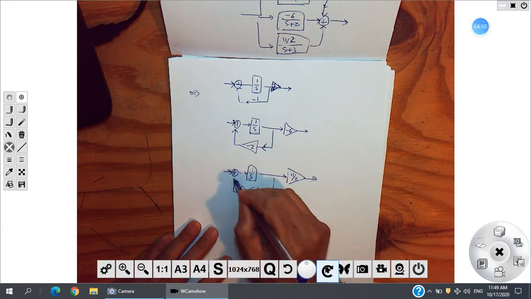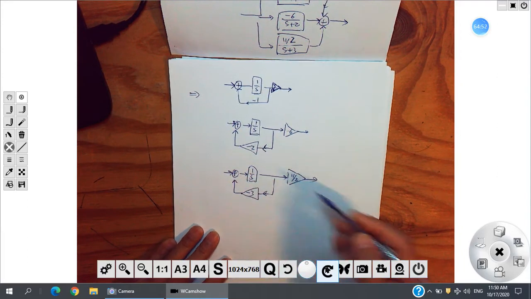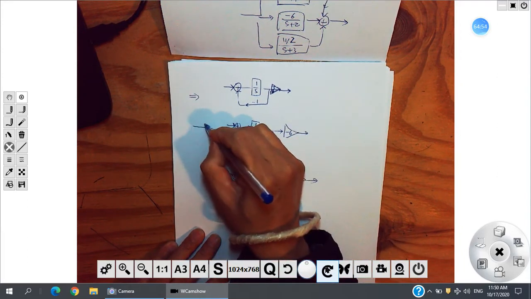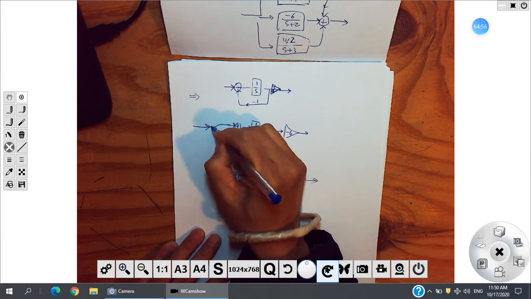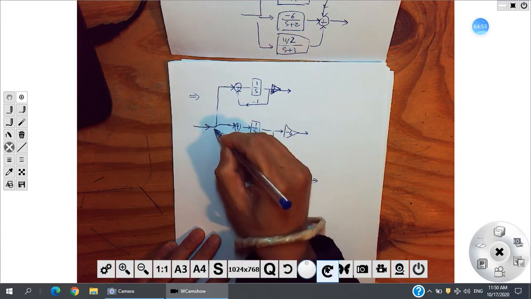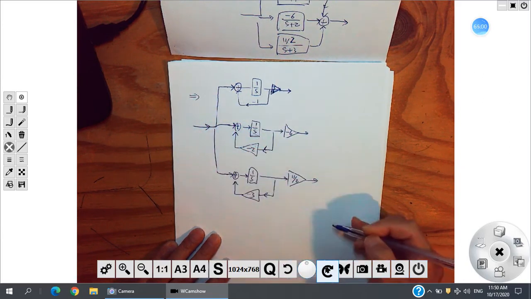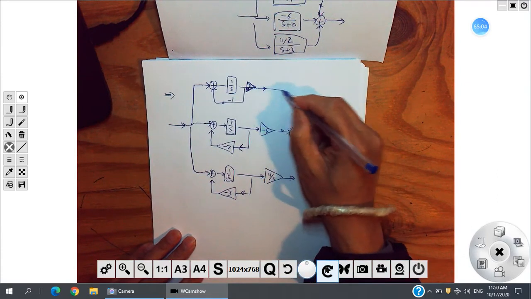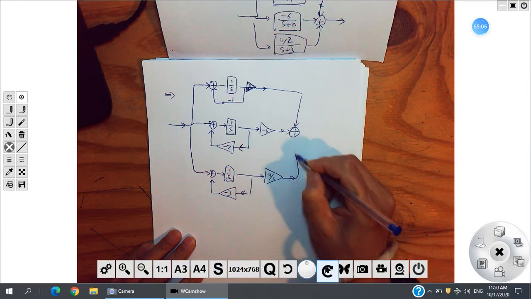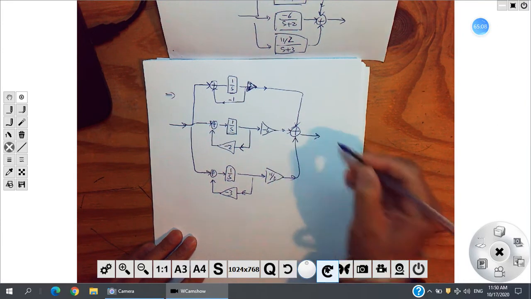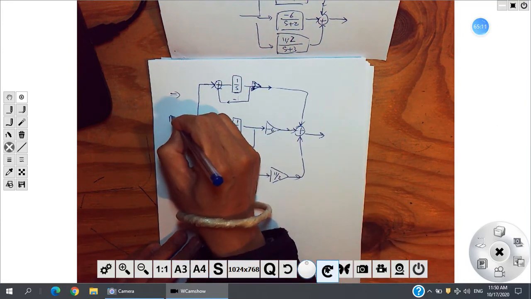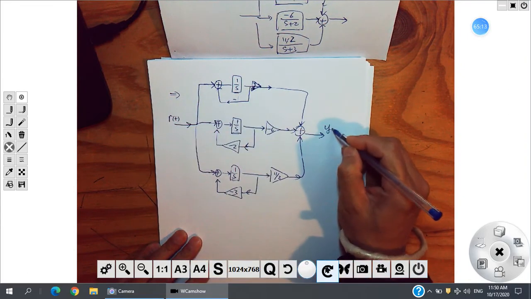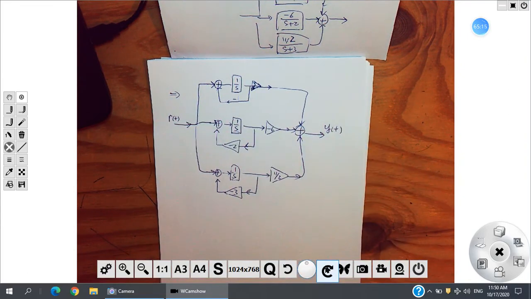Alright, so you have these 3 parts, and on the input side the signal separates into 3 branches, and finally you need to add these 3 together. So this is the input, this is the output. You have things looking like this, and then you give the matrix.